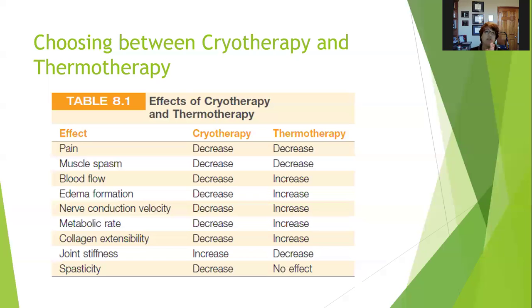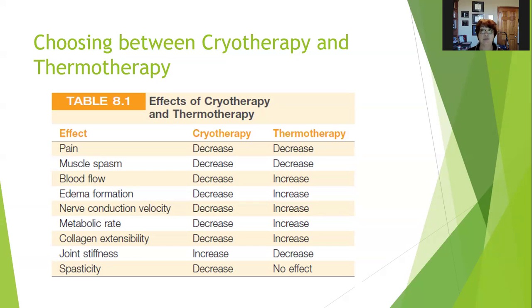So this is the therapy that we looked at before. We're going to choose thermotherapy when we want to decrease pain and muscle spasm and increase blood flow. We're not going to use it for edema. We're going to use cryotherapy. We're not usually using thermotherapy to increase nerve conduction velocity, but you could probably think of a situation when you might. Usually we're using cryotherapy to decrease nerve conduction velocity to decrease pain.